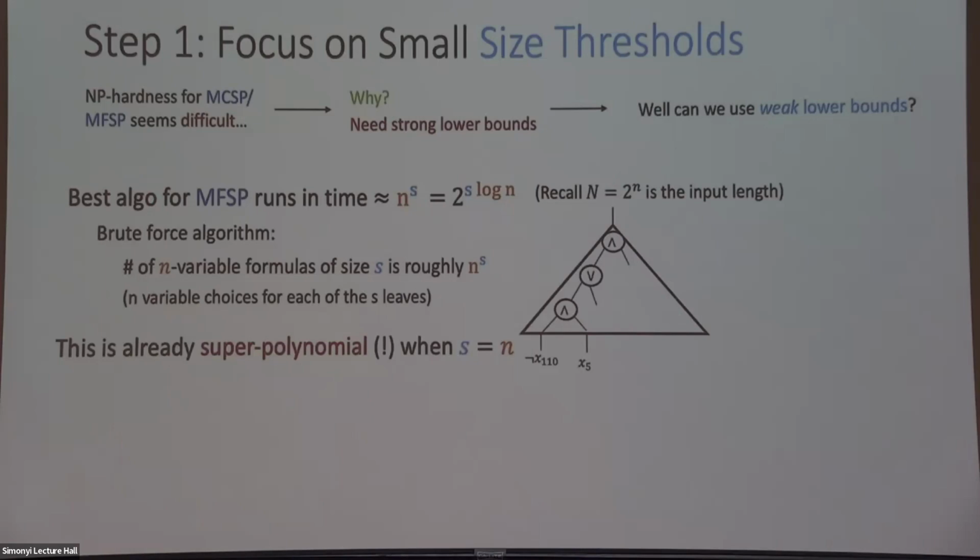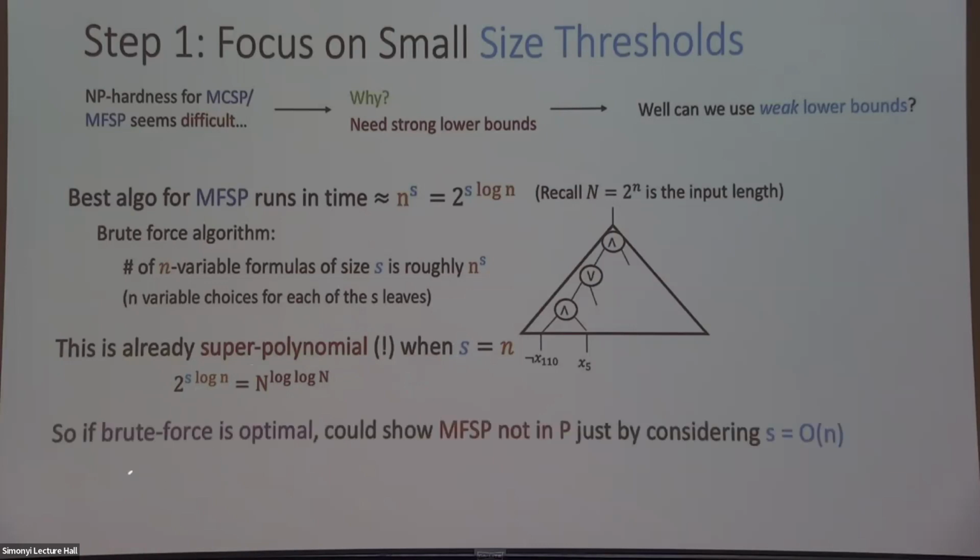Here's the calculation: you have 2 to the s log n. If s is equal to little n, then 2 to the s is equal to capital N, and log little n becomes log capital N.